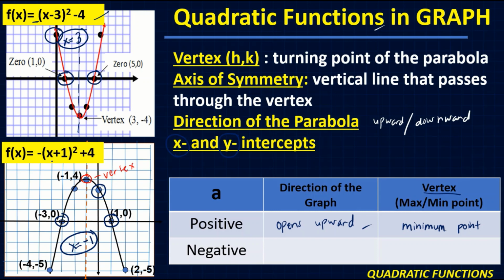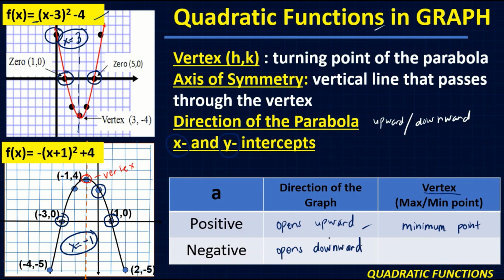Okay, and then if the value of A here is a negative, and another is kapag meron tayong -2, -3 dito sa before ng open parenthesis, okay, so therefore A is a negative. And if A is negative there, the direction of the graph opens downward.